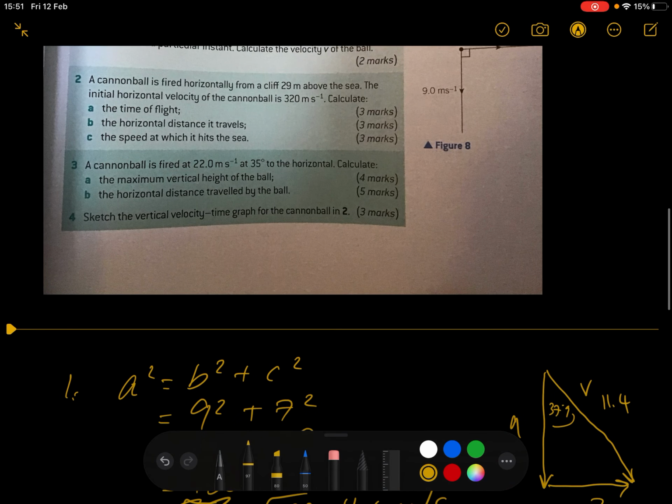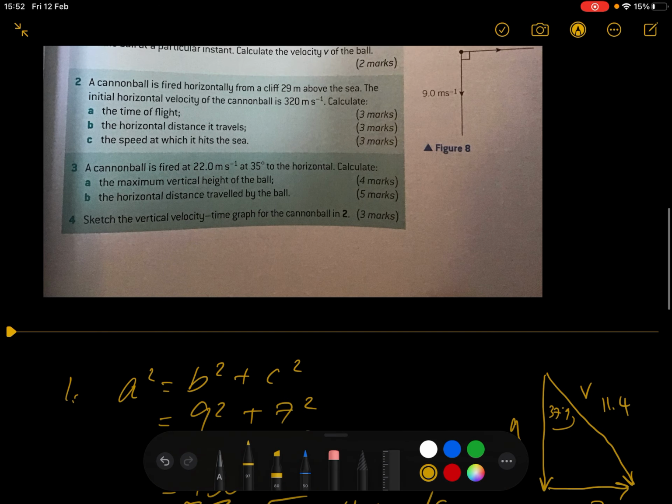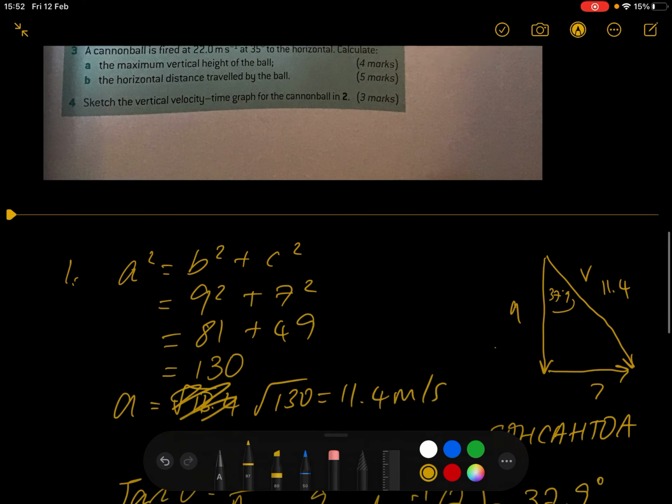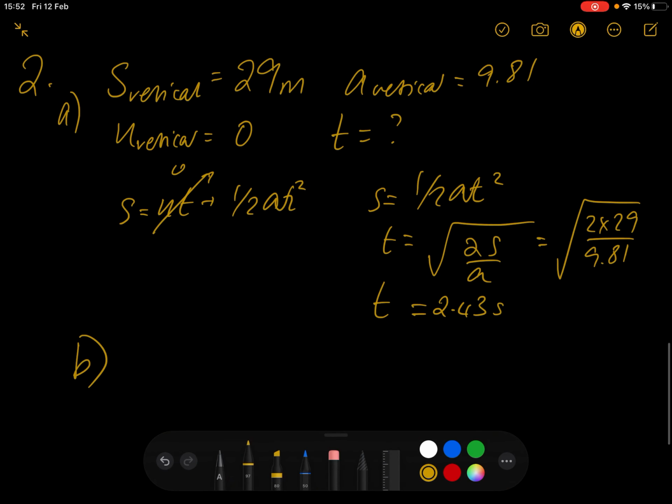So part B, what are we doing? The horizontal distance it travels. Okay, the horizontal velocity is 320. So let's again write out what we know. S horizontal, we don't know. U horizontal and V, 320. A is 0. T is 2.43.